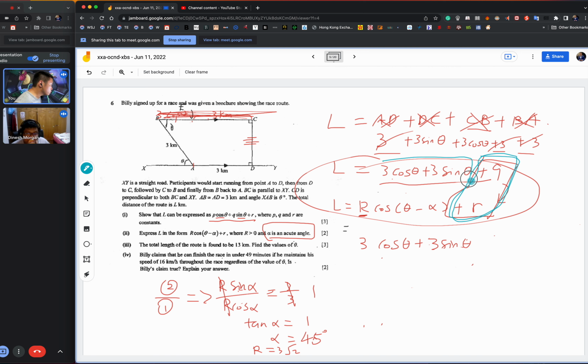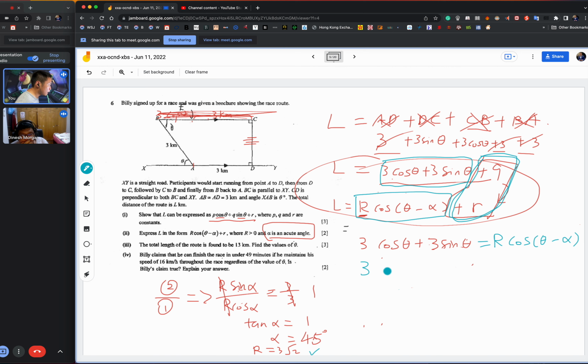But these two terms have to be, that means we take the 3 out, that means we assume r equals 3, but r is not equal to 3. Then we realize r is equal to 3 square root 2. So what I'm trying to say is this: 3 cosine theta plus 3 sine theta is equal to r cosine theta minus alpha. This one is valid.